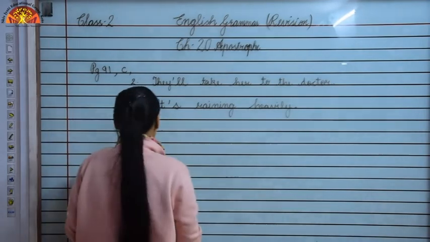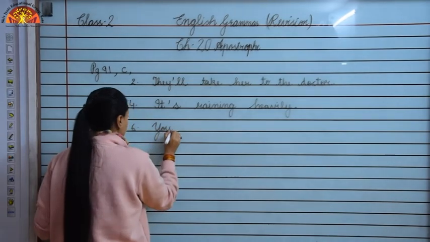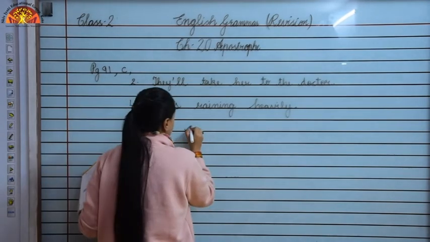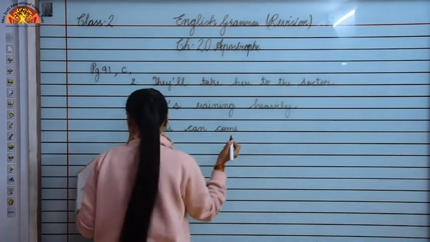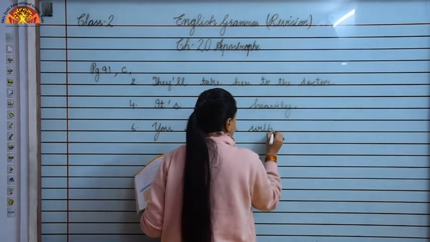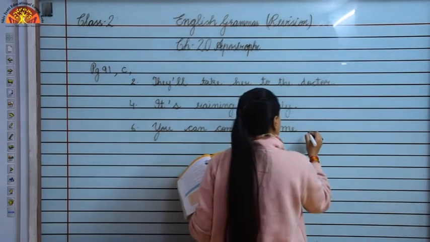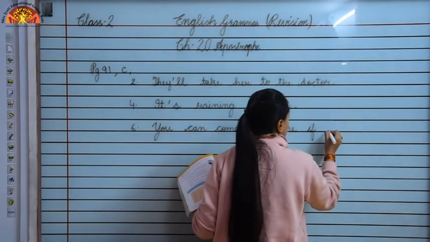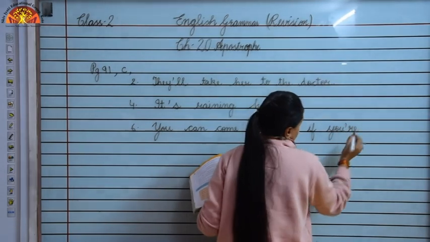So children, we can rewrite this sentence using the short form as: you can come with me if you're not busy, you apostrophe re, okay?